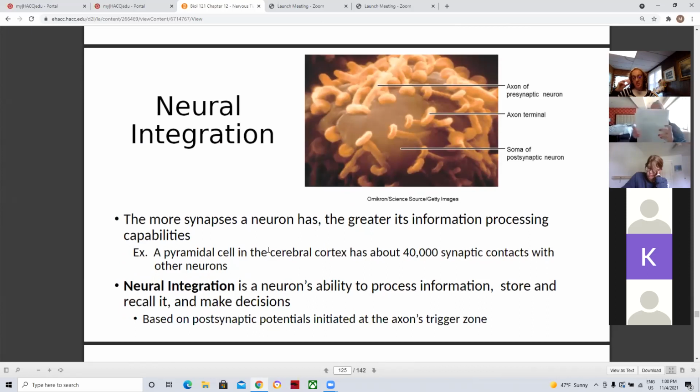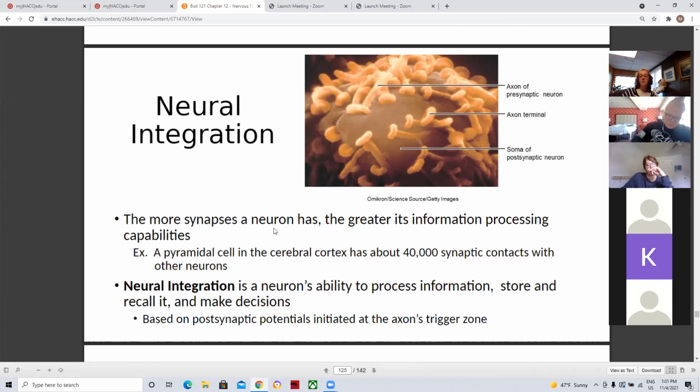Last part of this chapter, talking about neural integration. Neural integration is the ability for a given neuron to receive multiple signals and process the information and make a decision about how to act.